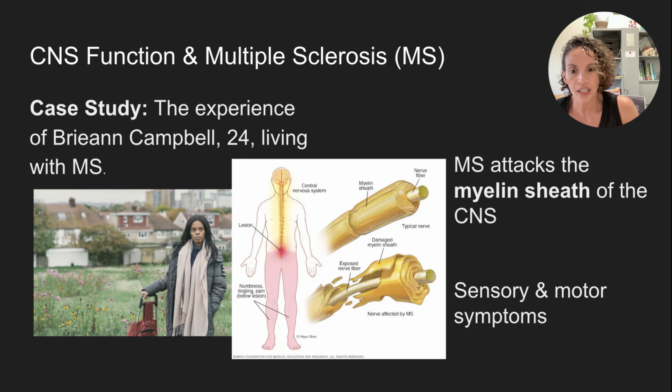This is a diagram of your central nervous system, so your brain and your spinal cord, and the myelin wrapped around a typical axon. In MS, your immune system attacks its own body, damaging the myelin sheath.